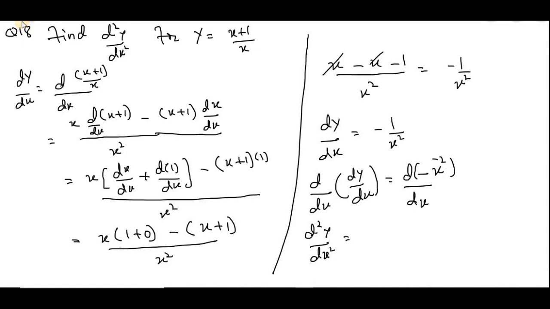So d2y by dx square is equal to minus minus 2 x raised to power minus 2 minus 1, and it is 2 because minus into minus is plus, and x raised to power minus 3, and this is our second derivative which was required in the question. So d square y by dx square is equal to 2 whole divided by x raised to power 3. This is our second derivative answer.